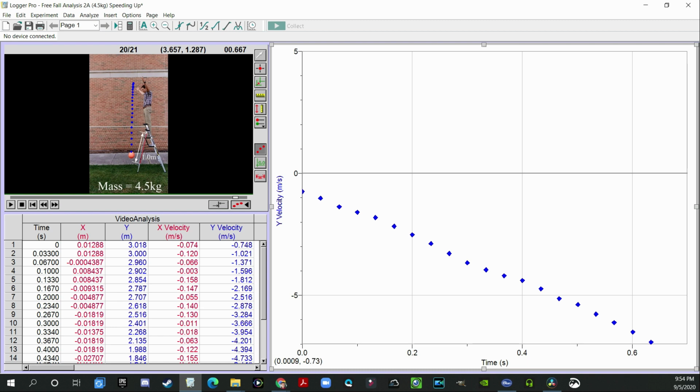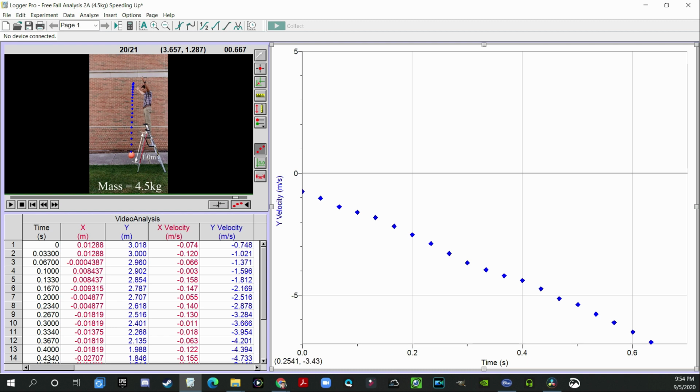But you can see that the velocity is decreasing. It's getting more negative as time goes on, so it's speeding up in the negative direction. And you can see that gravity apparently changes the velocity linearly. Gravity gives the bowling ball a constant or uniform acceleration because the velocity time graph is linear.